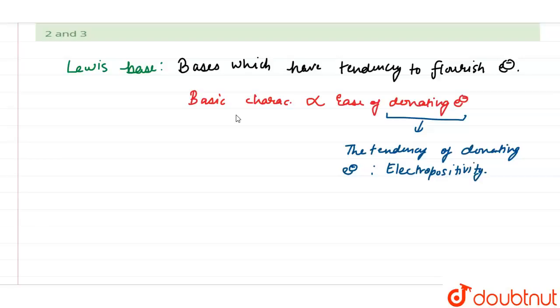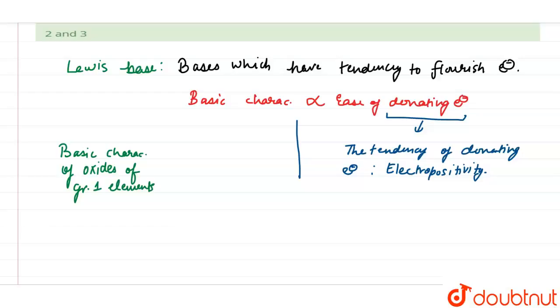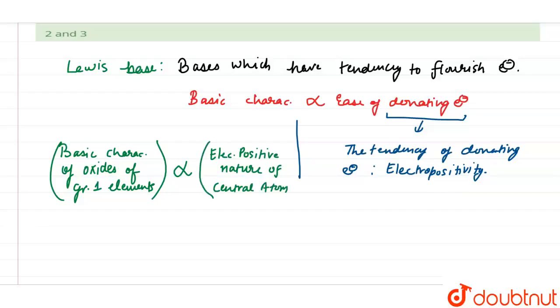Okay, therefore we can conclude that the basic character of oxides of group 1 elements is directly proportional to the electropositive nature of the central atom, right?